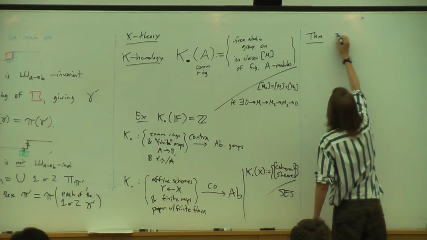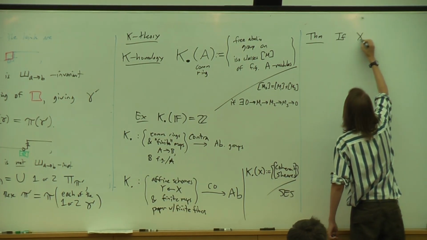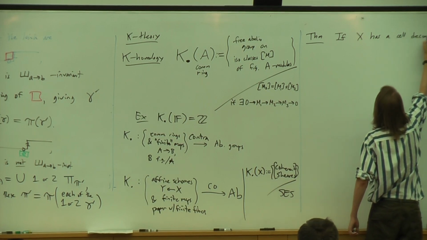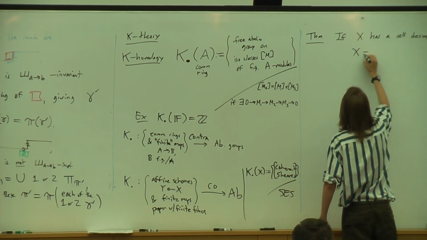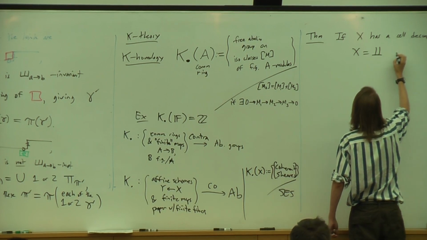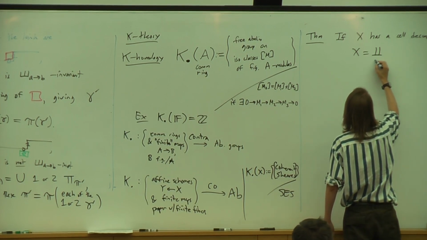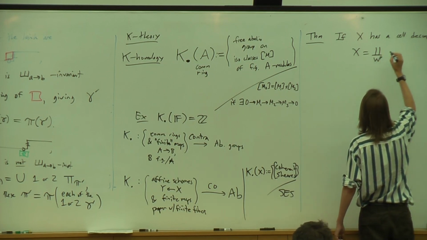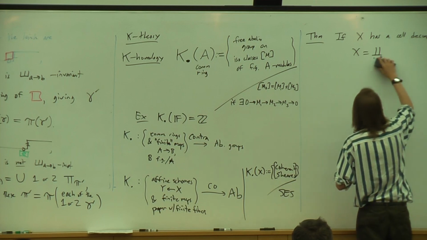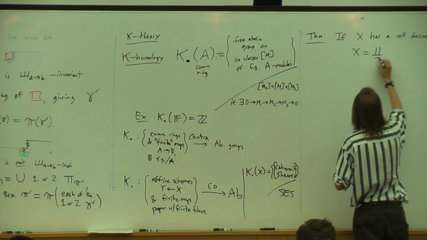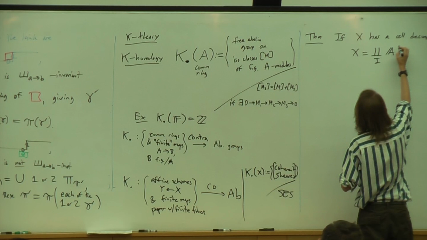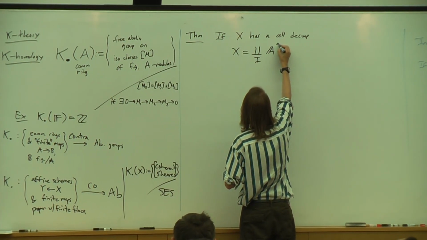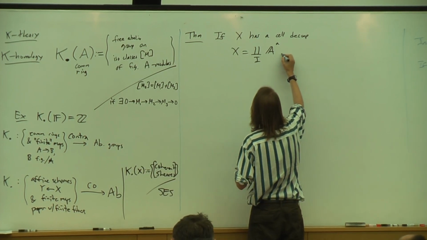So theorem: if X has a cell decomposition, so a disjoint union over some indexing set that I might call W, or maybe W super P, some indexing set I of a bunch of affine spaces A, whatever.